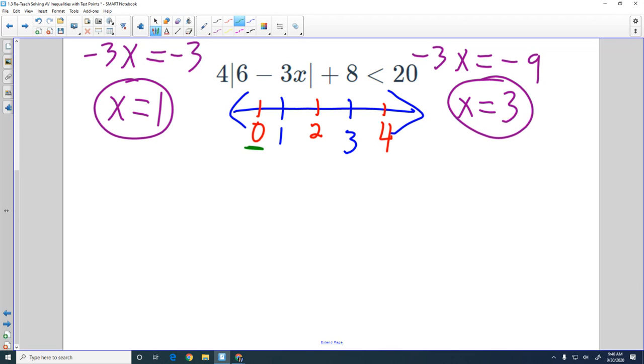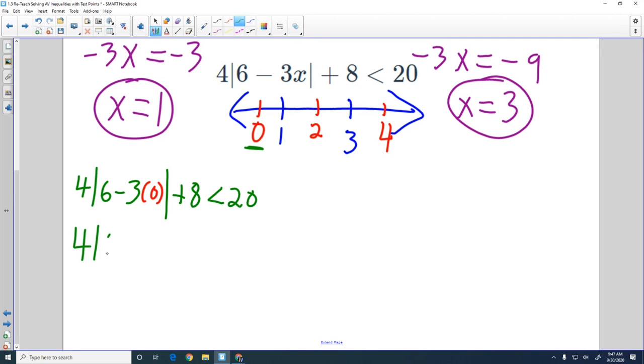All right, so let's start by plugging in a 0. I've got 4 times the absolute value of 6 minus 3 times 0 plus 8, and we want to see if that's less than 20. And as we work this out, well, 3 times 0 is 0, and 6 minus 0 is 6, plus 8 less than 20.